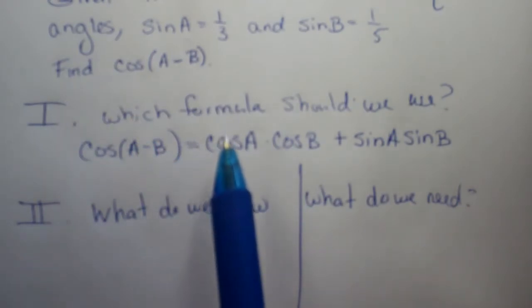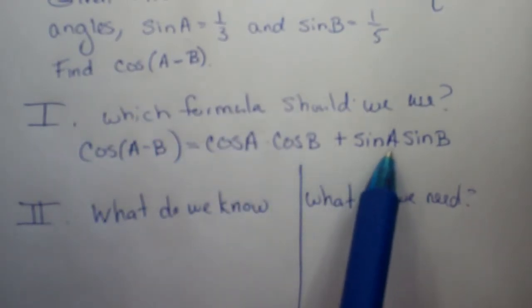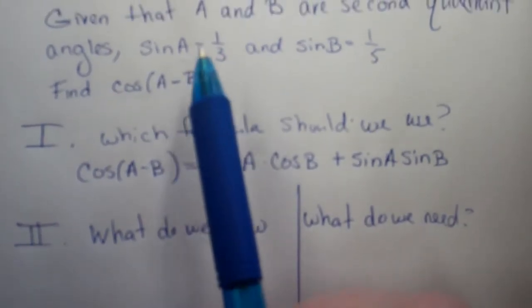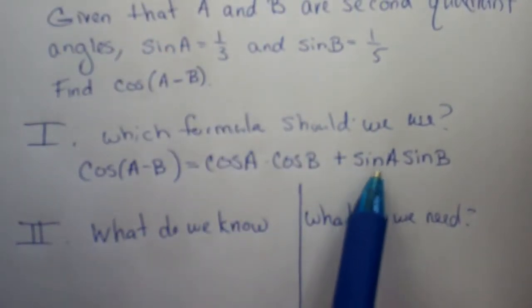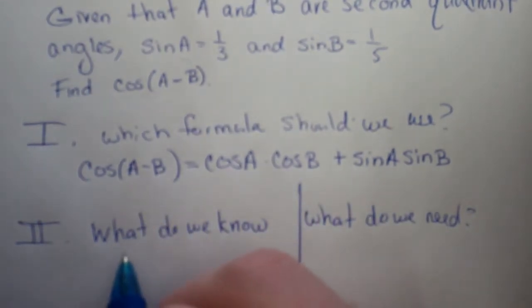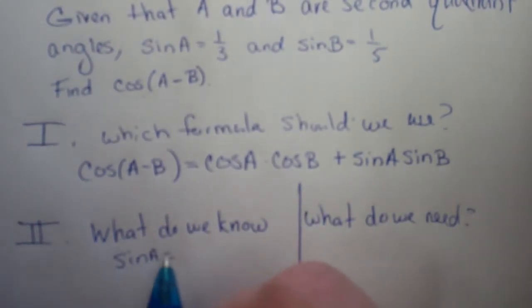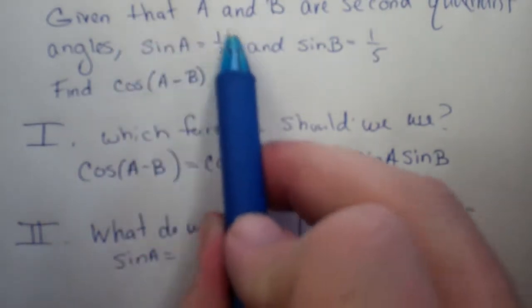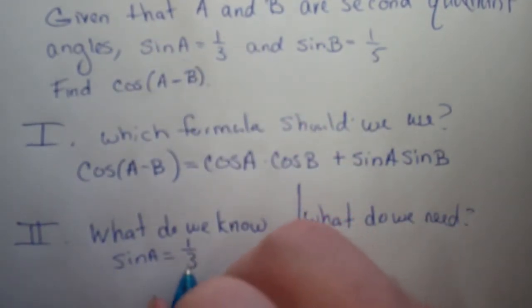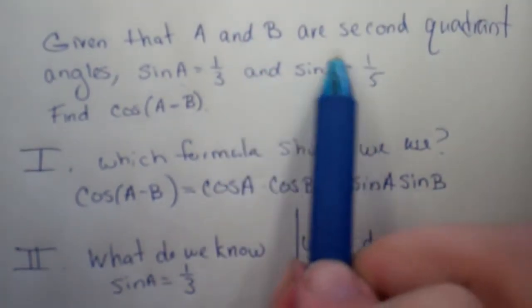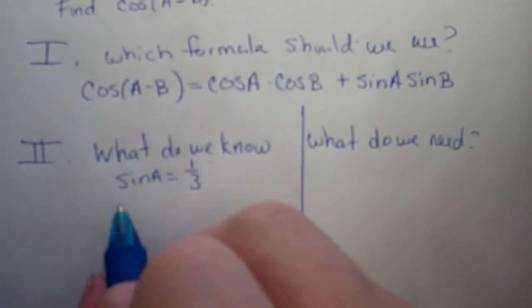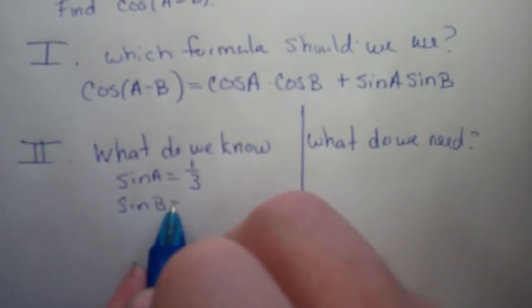What do we know already that is used in this formula? Well, the problem tells us what the sine of A is, and we need to know the sine of A, so that's something that we know. We know the sine of A is equal to 1/3 because that is something that was given to us. We also know that the sine of B is 1/5 because that was given to us.